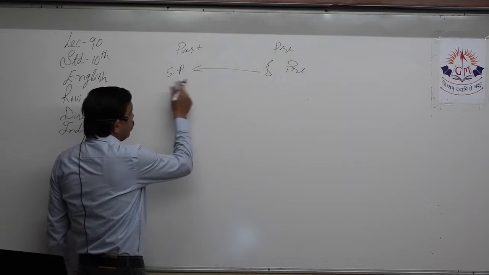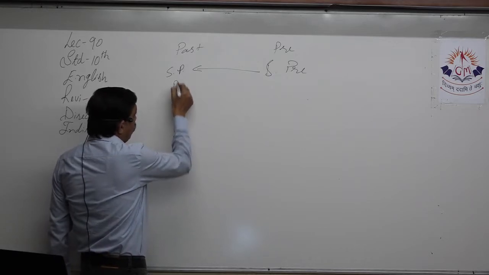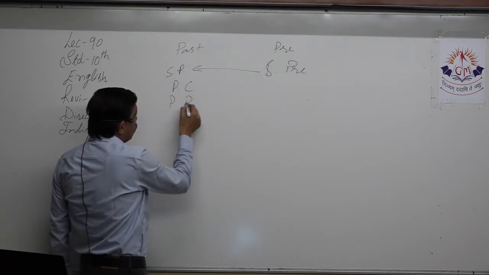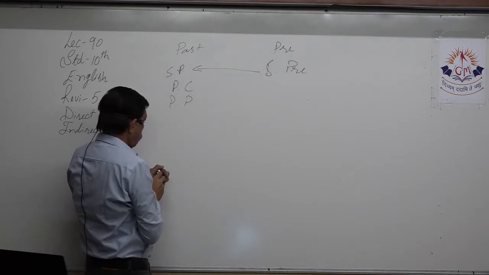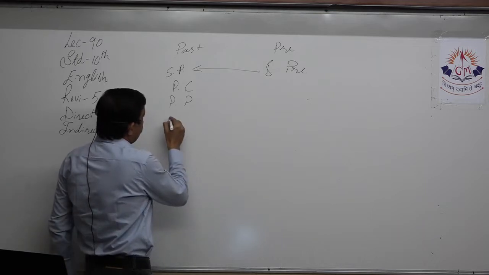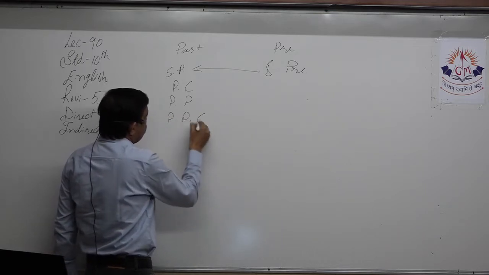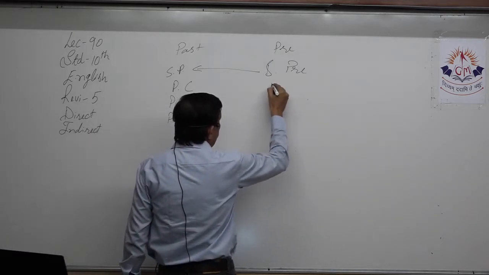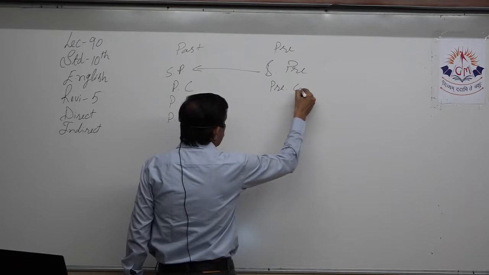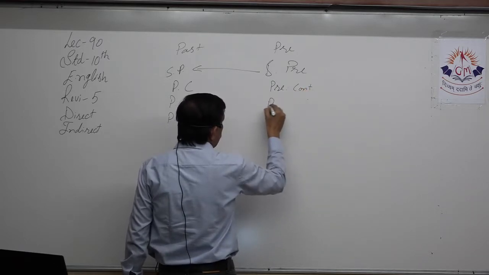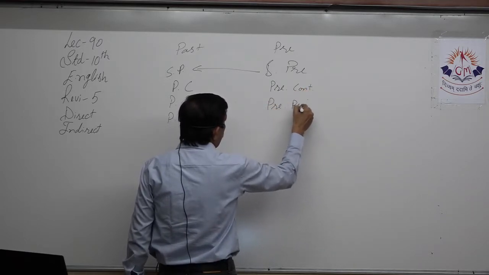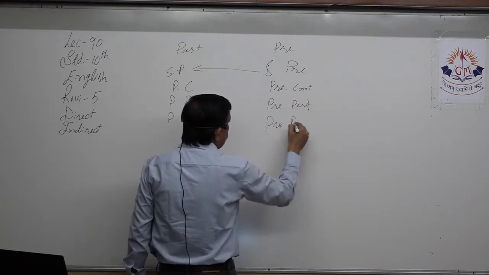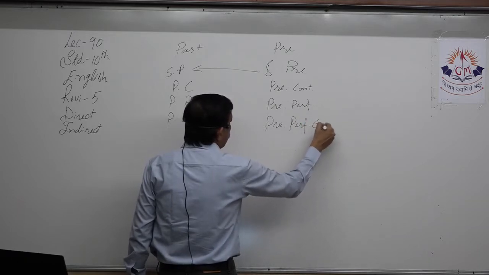Then after simple past, we have past continuous, then we have past perfect, and then we have past perfect continuous. Right? Same way over here we have present continuous, we have present perfect, and we have present perfect continuous.